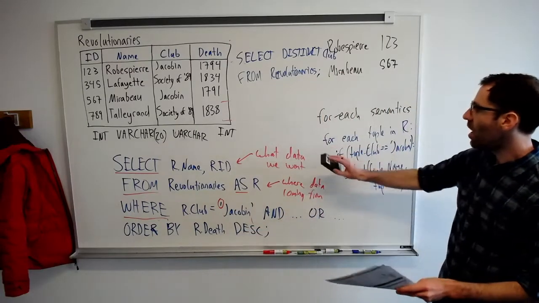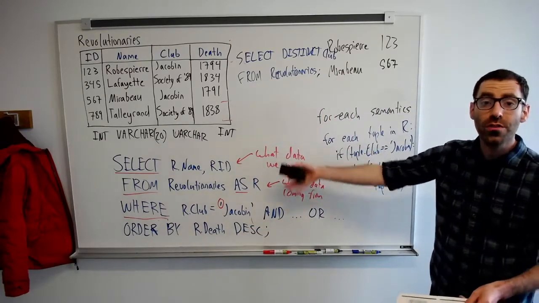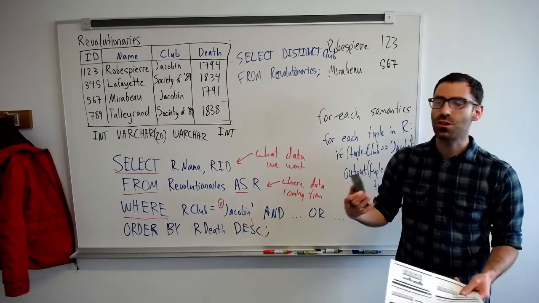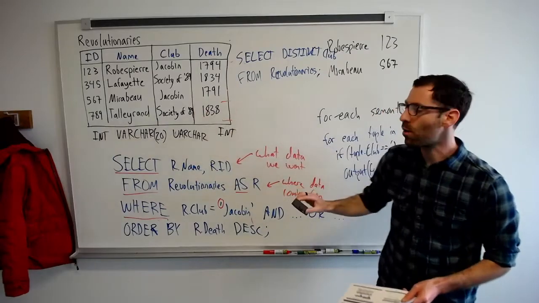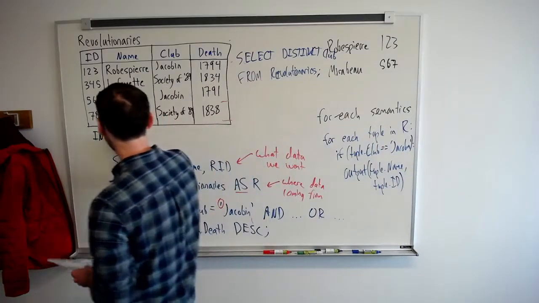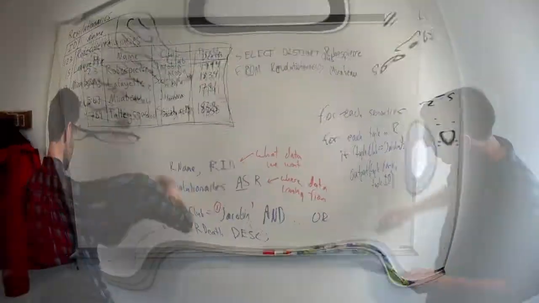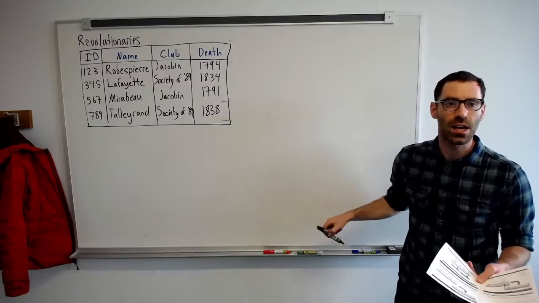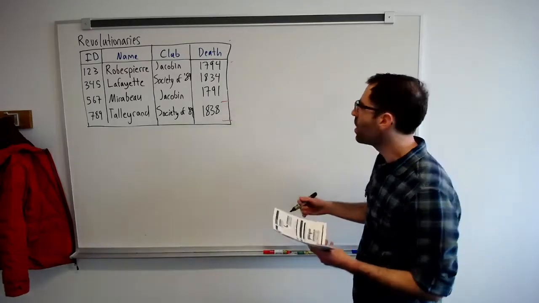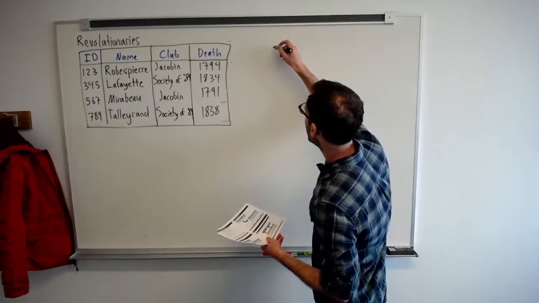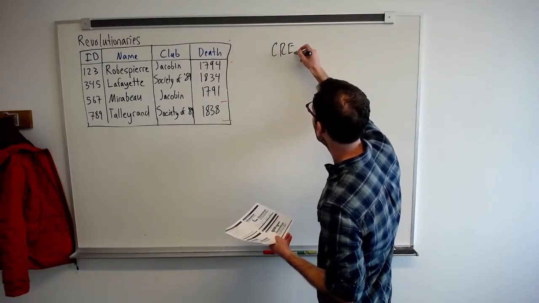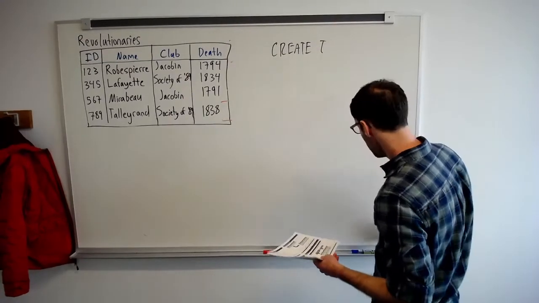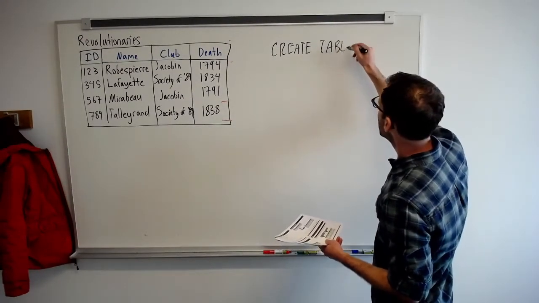And so this is about retrieving data from the database, but how would we manipulate the database in order to insert, say, new tuples into our revolutionaries relation? So let's take a look at that. All right. So first, how would we create a table to begin with? Well, we would say create table.